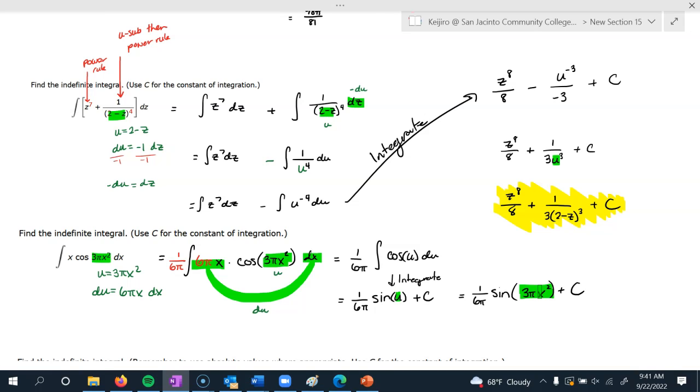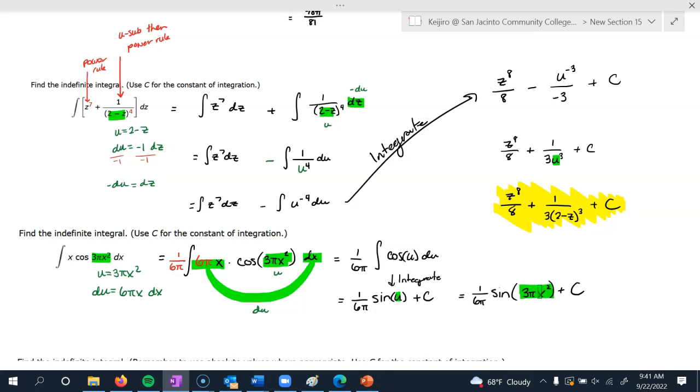It starts off looking kind of bad, but it's super ready for a U substitution. All it's missing is a 6 pi on the inside, which you can do relatively easily, as long as you put a 1 over 6 pi on the outside.